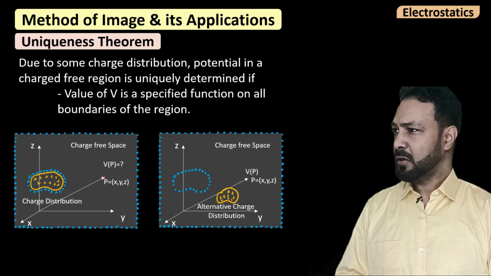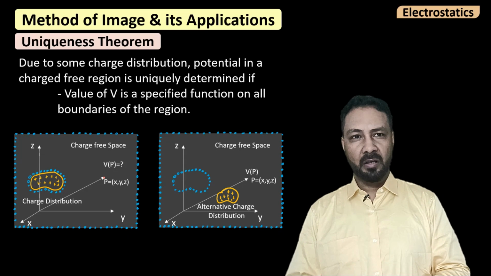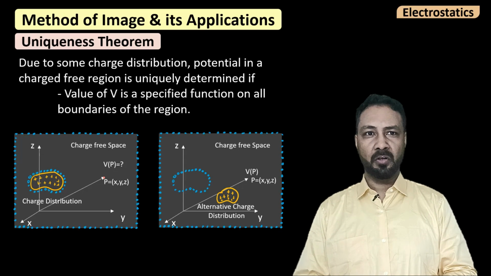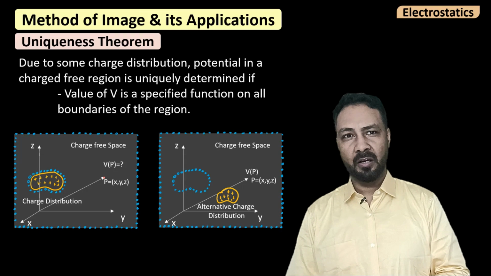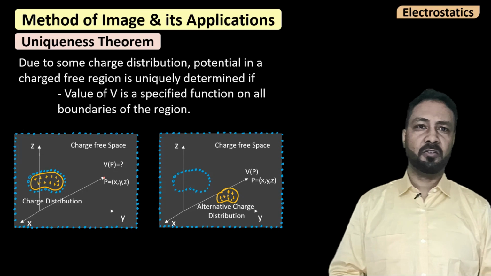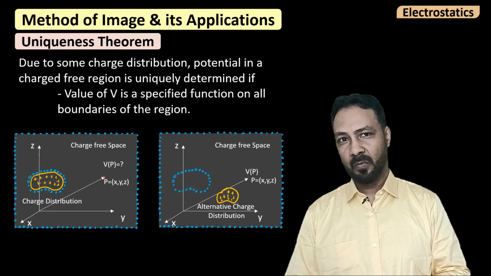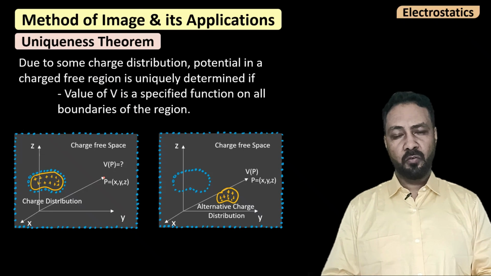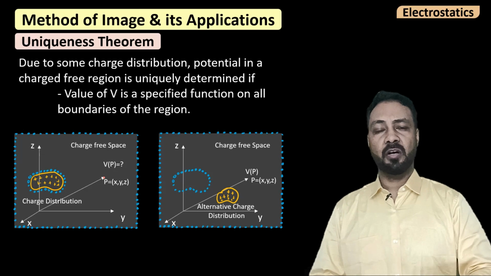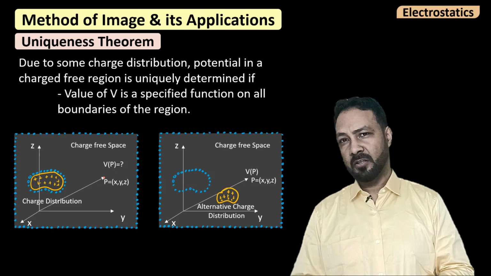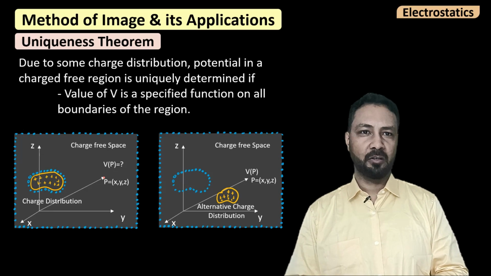Because the uniqueness theorem says that for the given boundary condition, the potential is unique. Two different charge distributions can give the same boundary condition for the potential, and then they will give the same potential at a point.